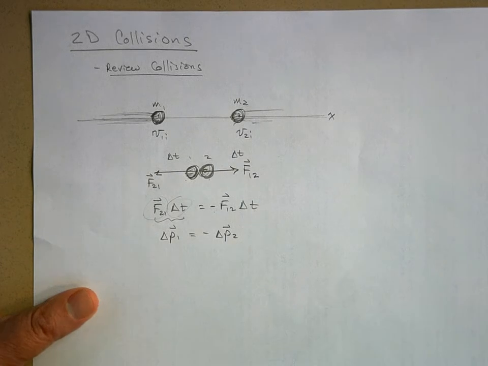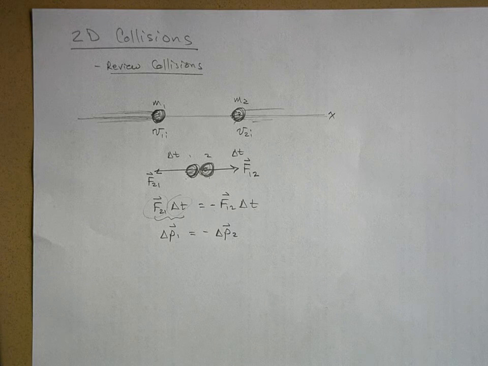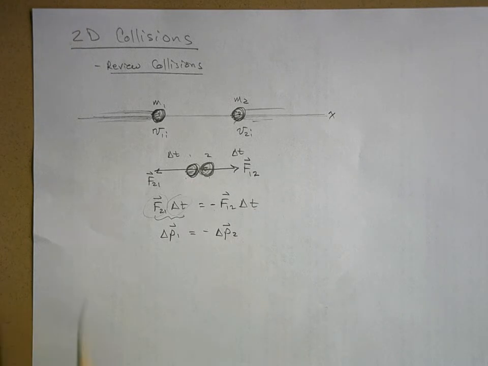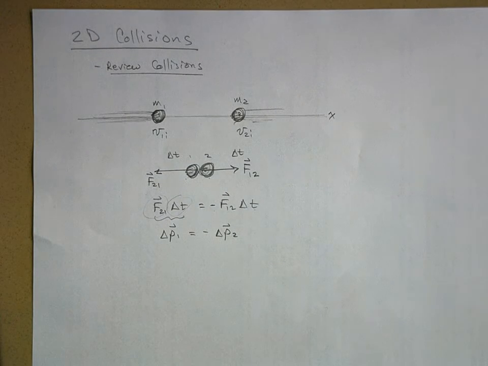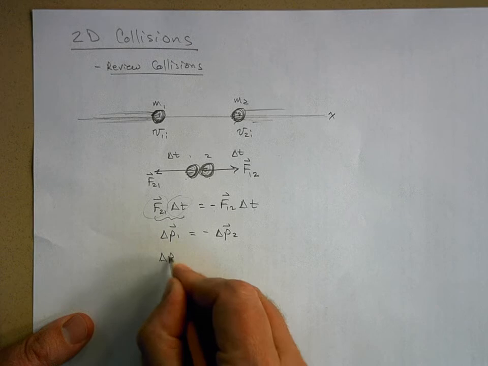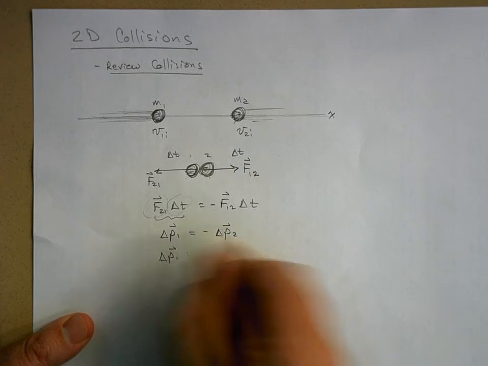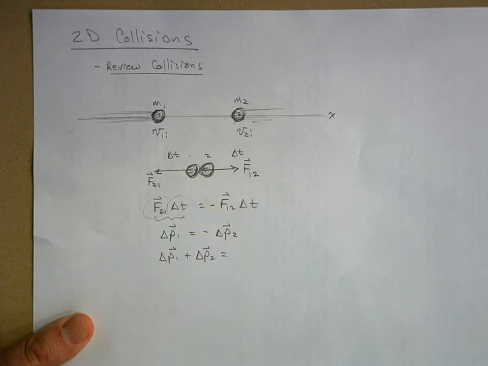During a collision, one object gets its momentum changed, and another object gets its momentum changed, but when you add the two changes in momentum together, you get 0.